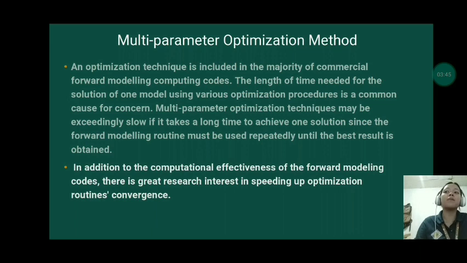By minimizing the cost function in a design optimization problem, for example, the best set of parameters can be found through the use of an optimization procedure, which is a mathematical algorithm.